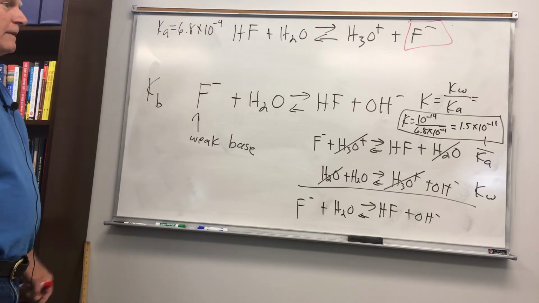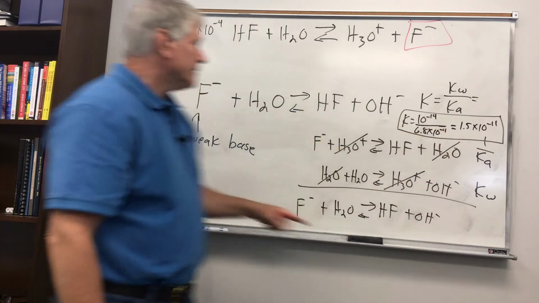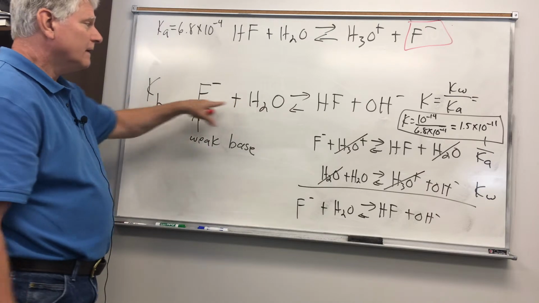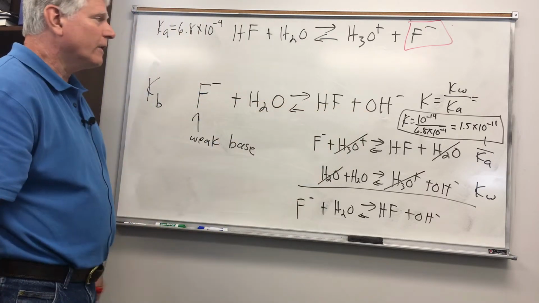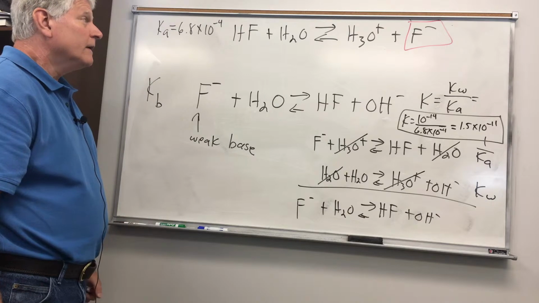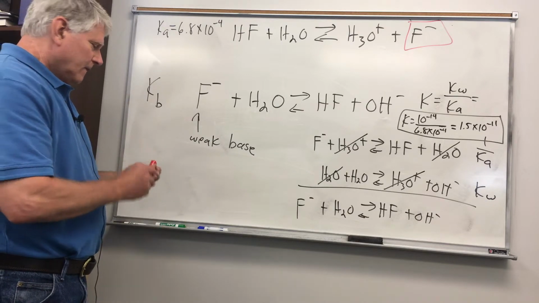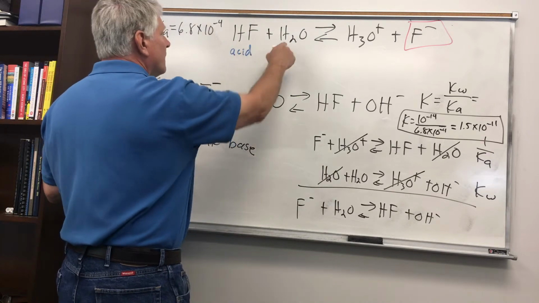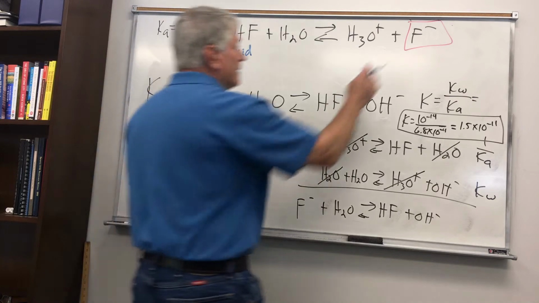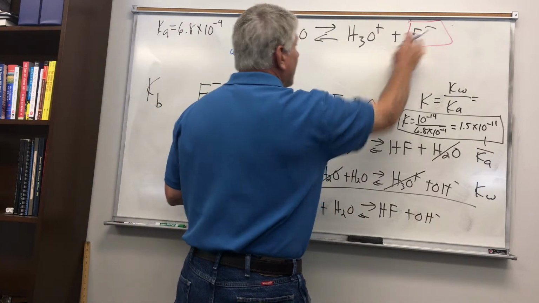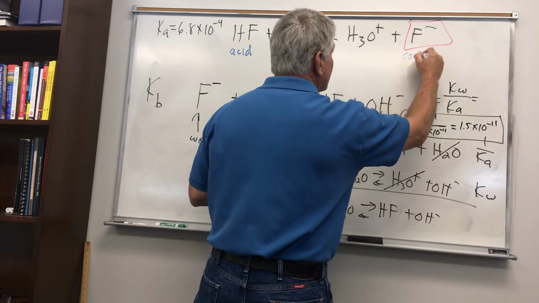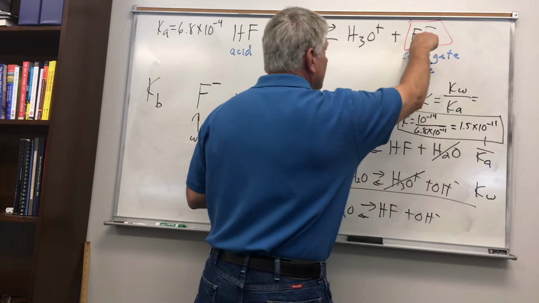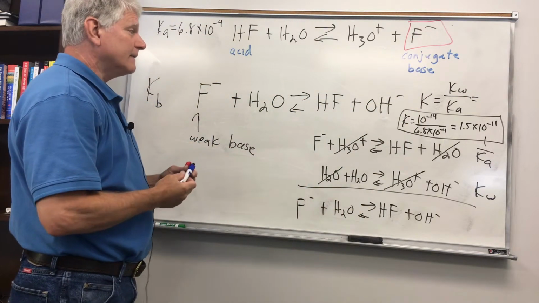It's a small equilibrium constant, so fluoride is not very basic, but it is a base in the sense that it will produce OH minus in solution. So our nomenclature is we have an acid, this is water, and we produce the F minus ion, and we call this the conjugate base, since F minus is a base in solution.